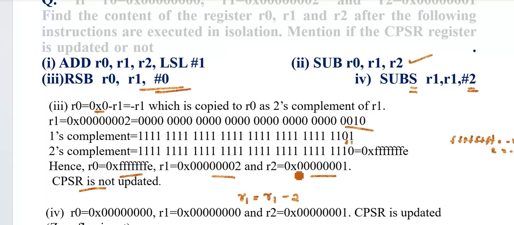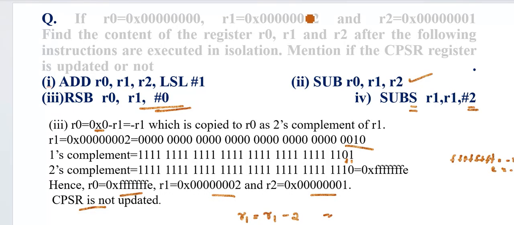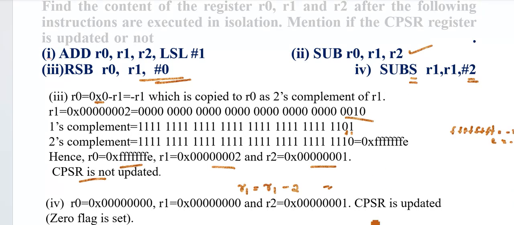We have to write the updated flags now. So what is the value of R1? R1 is 2, and from 2 we have to subtract 2. So from 2, if you subtract 2, it becomes 0. Now this 0 is going to be stored in the destination, which is again R1 only.